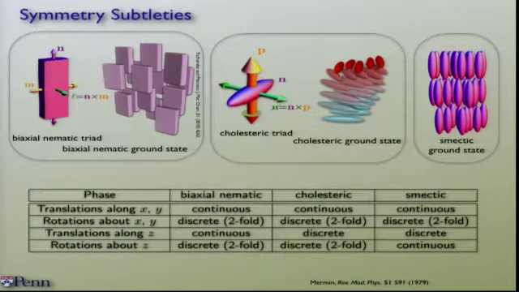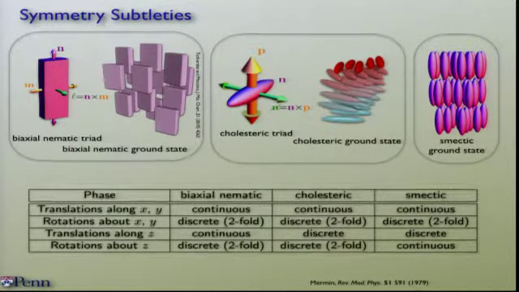Can I describe the biaxial nematic and the cholesteric all together? And you might also think I could describe the smectic and the cholesteric together, because they both have stripes. So can I describe a smectic with a biaxial nematic? Is the structure of topological defects in the biaxial nematic different or the same as the defects in a smectic? I don't know. So that's what we wanted to figure out.